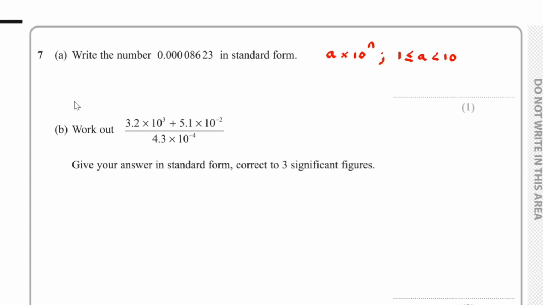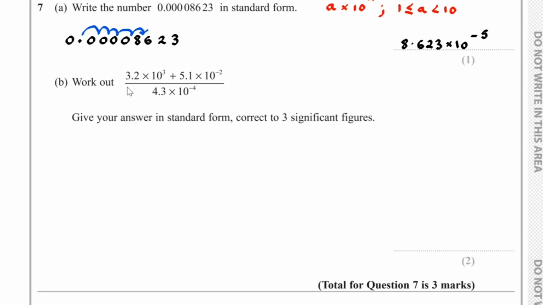So if I have the number 0.00008623, I need to move this decimal place 1, 2, 3, 4, 5 to the right, and therefore I am left with 8.623 times 10 to the power of minus 5.